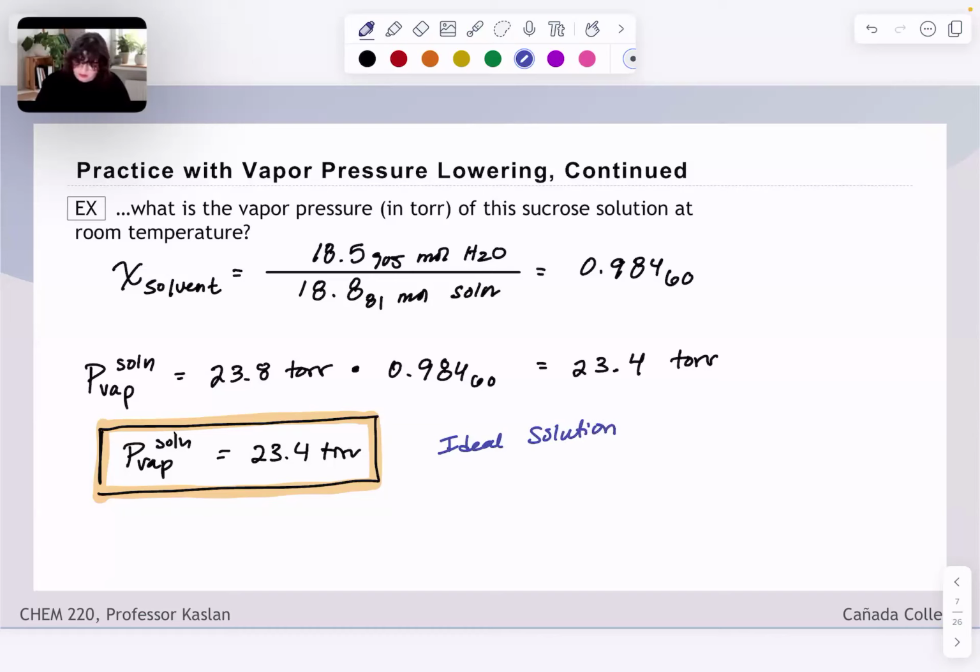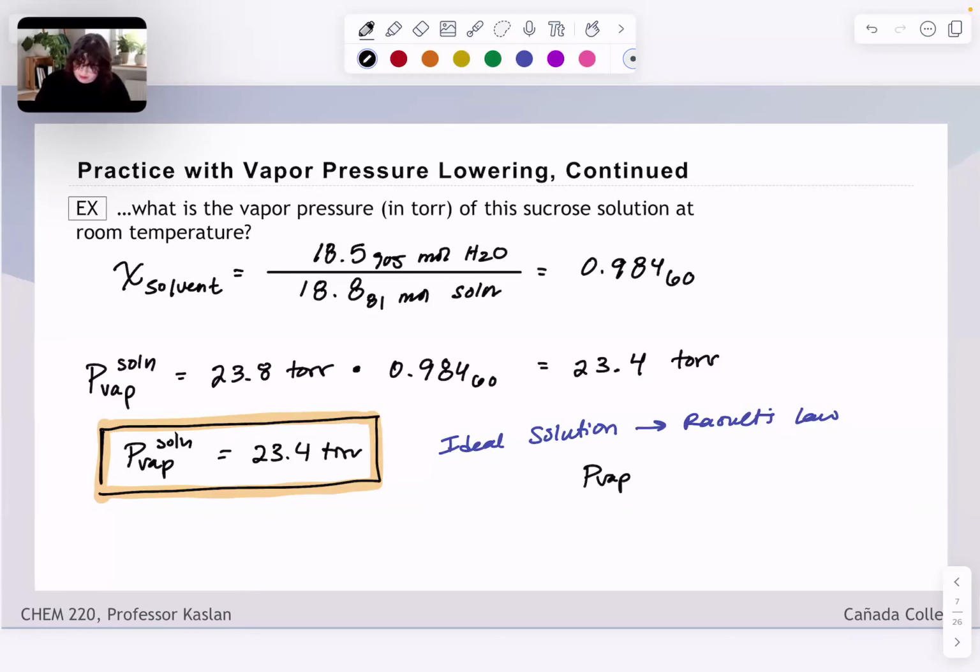It obeyed Raoult's law in the sense that we were able to calculate or quantify and see that our vapor pressure of solution was less than the vapor pressure of our pure solvent.